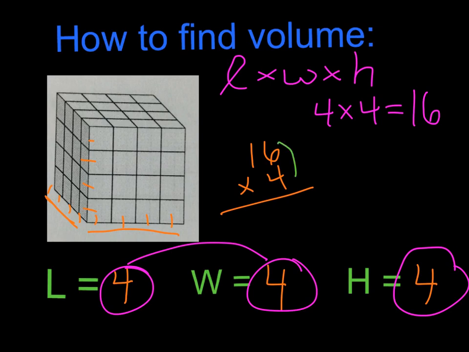First I multiply 6 times 4, which is 24. I put my 2 up top, my 4 down below. 4 times 1 is 4, plus 2 is 6. So my volume is 64. I wrote that wrong, it should be 64 cubic units. I could either write cubic and then put the word units, or you can write units cubed. So it's 64 units cubed. That is my volume.